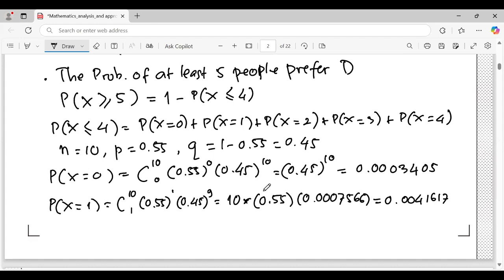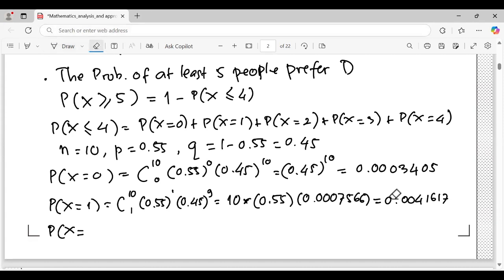This one. And after that, probability x, I have to check first. Yeah, correct. Oh, this one, sorry.